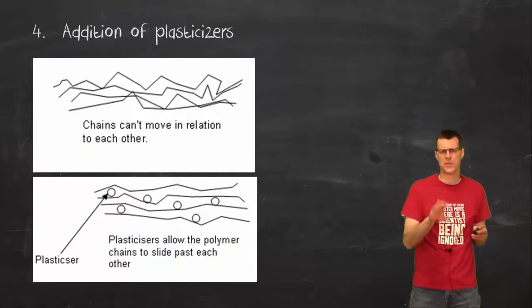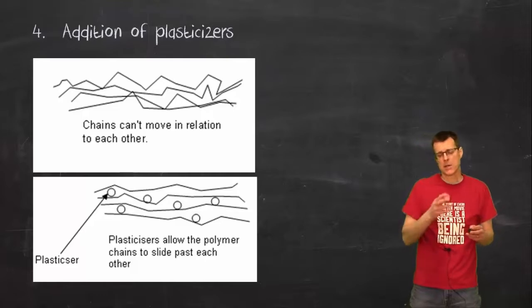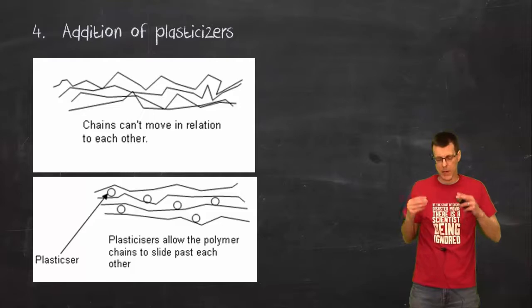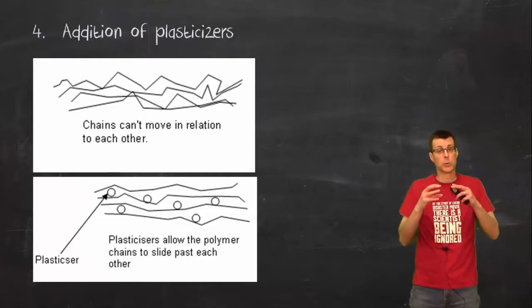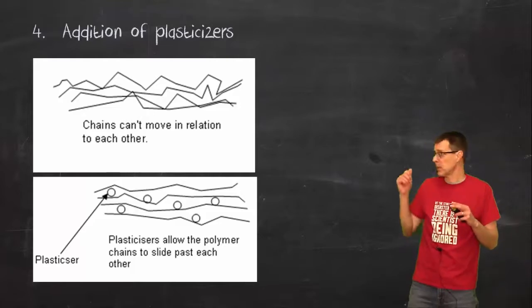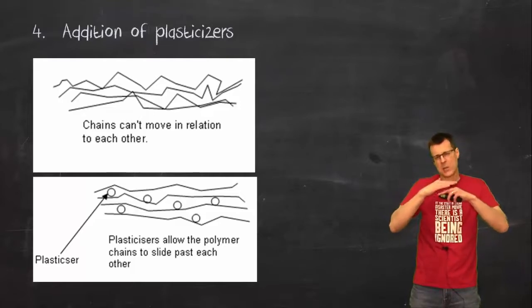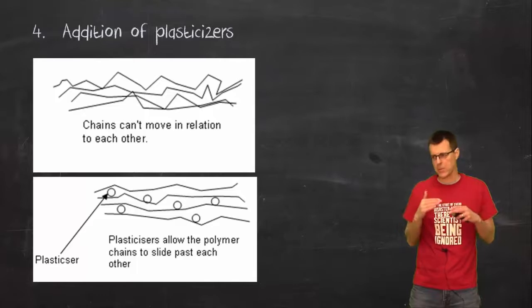I can also add things to them, and typical things that we add are called plasticizers. Now, certain additives are just going to change the color, but other ones are going to act as molecular lubricants. So, for example, if I look at the top chain, those chains are kind of stacked in with each other, and they can't really move around very much.